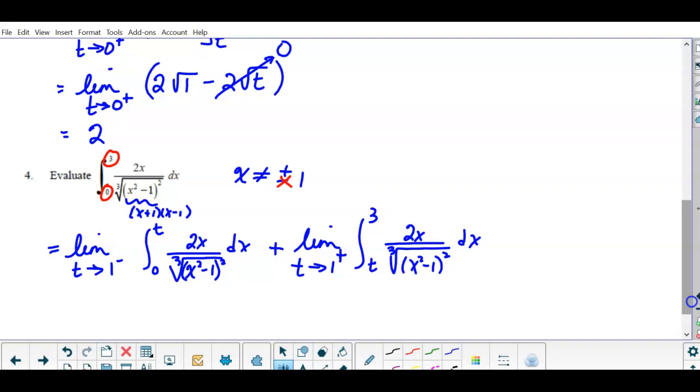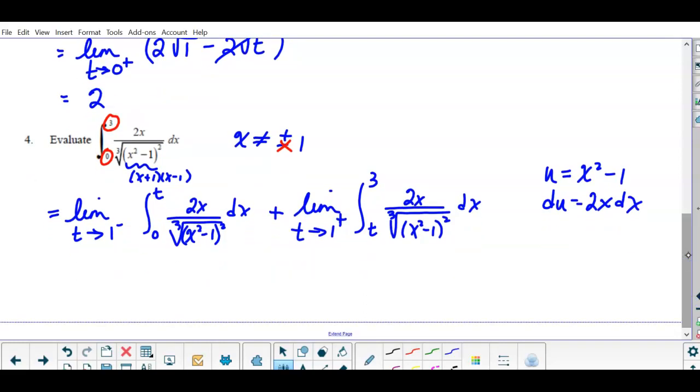In order to evaluate this integral, let's let u equal x squared minus 1. So du would be 2x dx. And then that means, if I do this work on the left here, that's going to be du over the cube root of u squared.